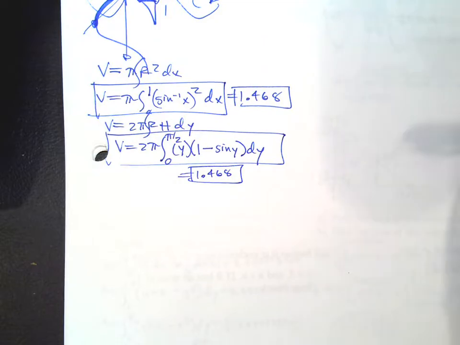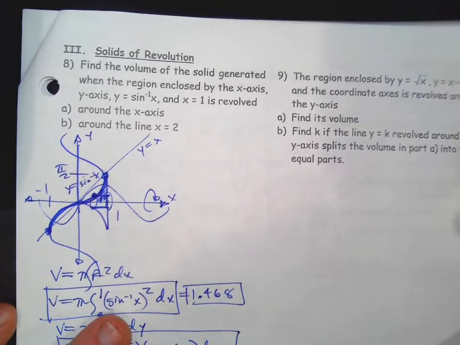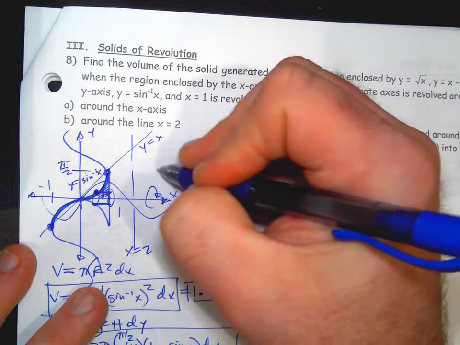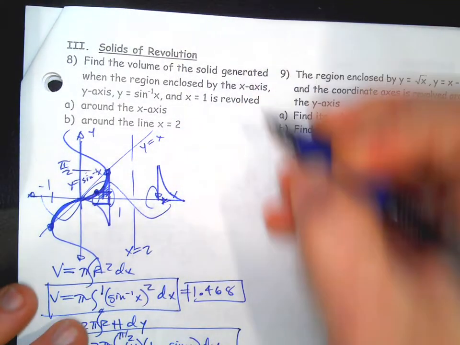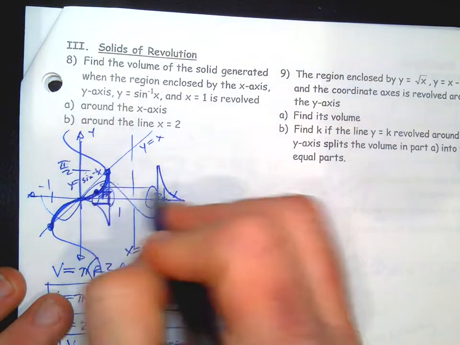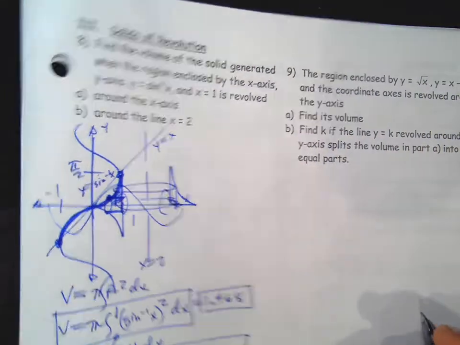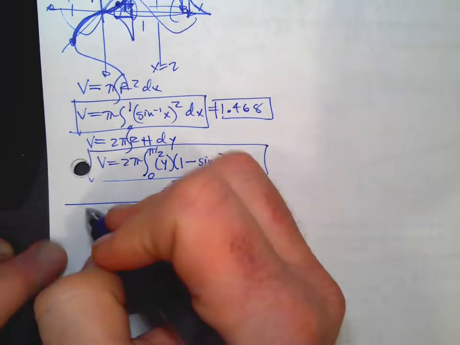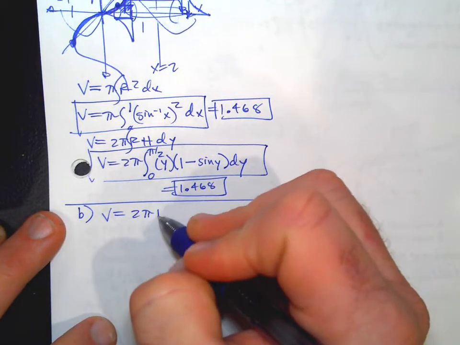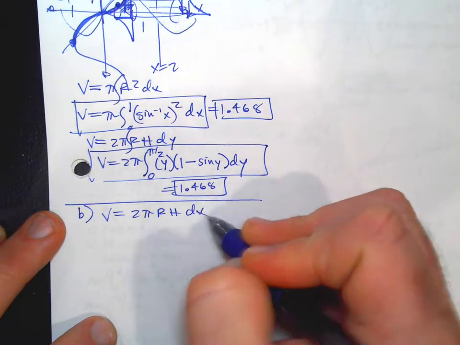Part B says around the line x equals 2, which would be over here, a vertical line. And so it would look like this.